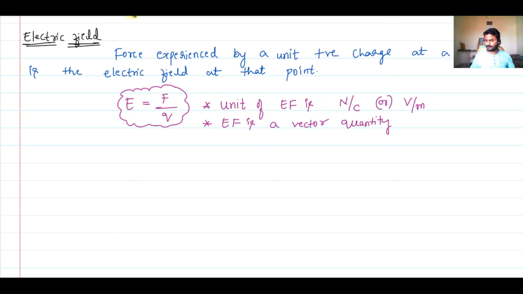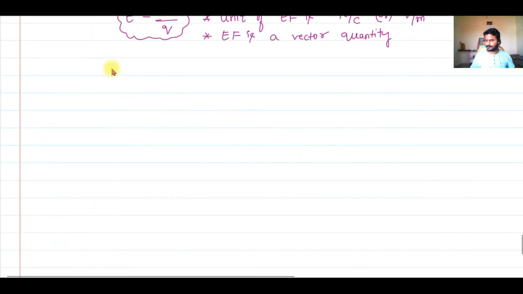Now let us understand more about whether there is a formula to find out electric field at a point due to a charge. That is our next topic, electric field at a point due to a point charge.